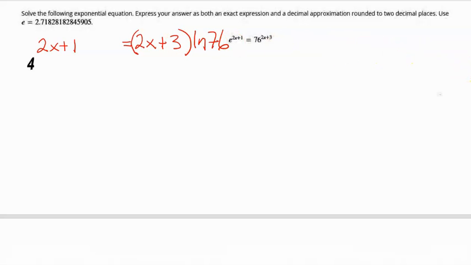But now we have to get rid of this parenthesis by multiplying this by this and this by this.